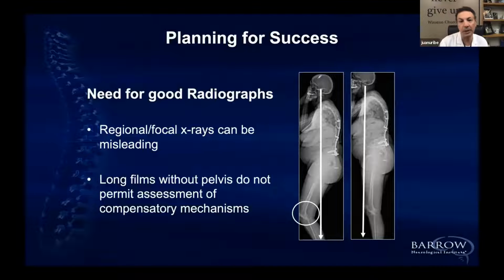So then the other thing is, I wanted to know how many of you guys, or your attendings, routinely do 3-foot standing x-rays on the patients, even patients with a spondy. Is it something that you do a lot, or just like, oh, it's a spondy, this is not a deformity, just do the case and she will do fine.